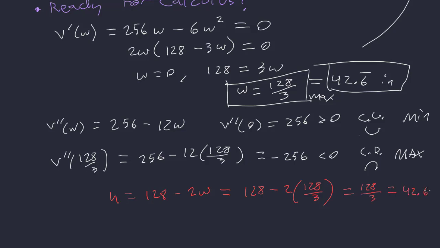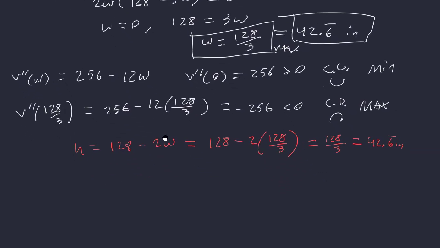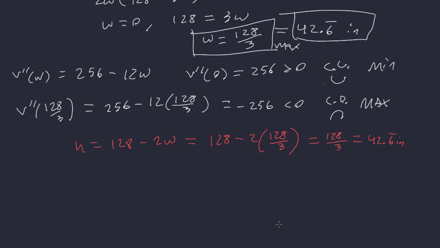So we get 42.6 repeating inches. Okay, so it turns out that the most volume we can get out of this is basically a cube. Okay, 42.6 repeating by 42.6 repeating by 42.6 repeating.